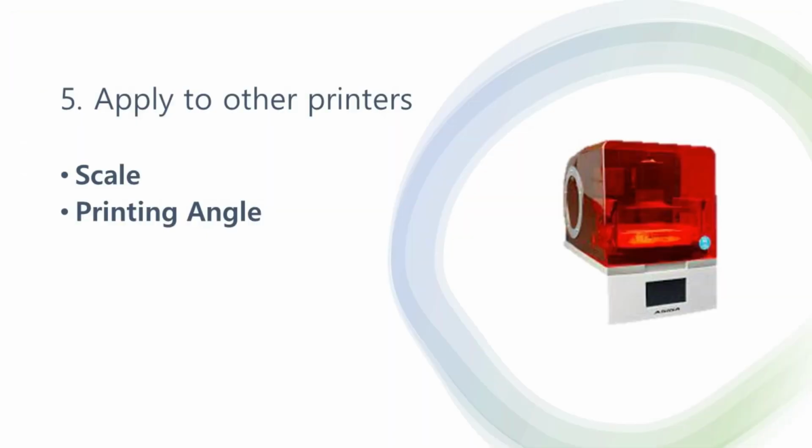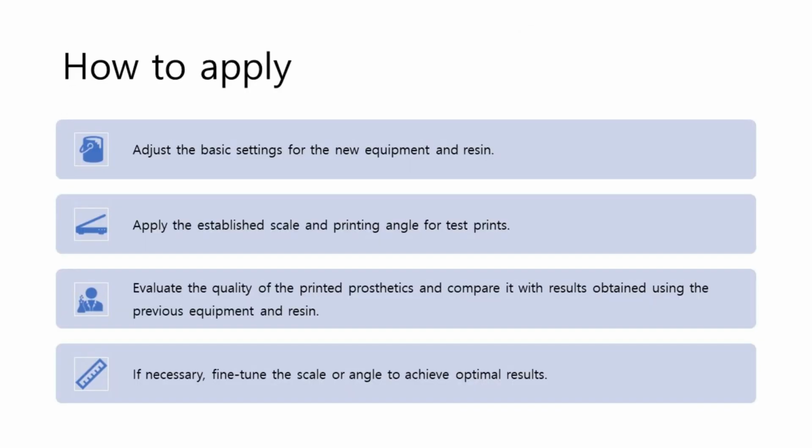Based on the previously explained methods of using profiles and additional information to print dental prosthetics as desired, we will now explore how effectively this approach can be applied when using different equipment and resins. We'll apply the previously significant factors of scale and printing angle to new equipment and resin, assessing their impact on the outcomes. This process includes the following steps.